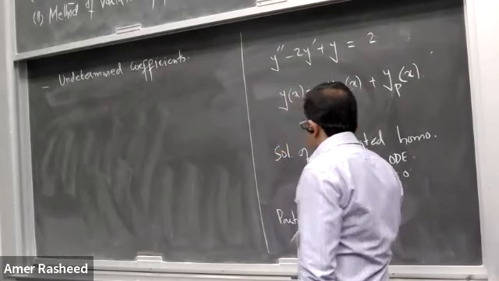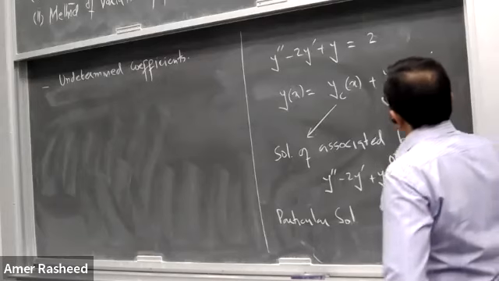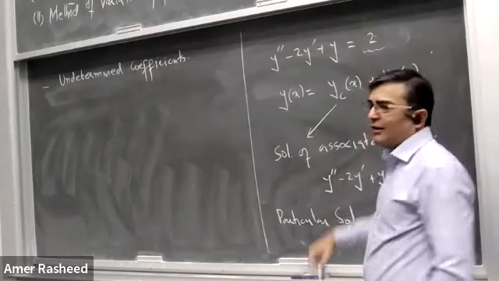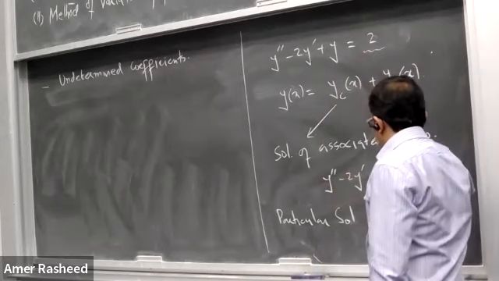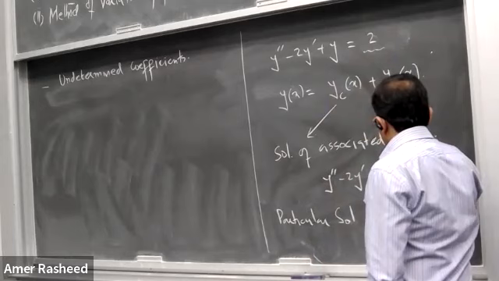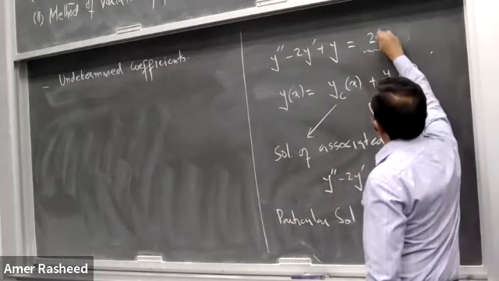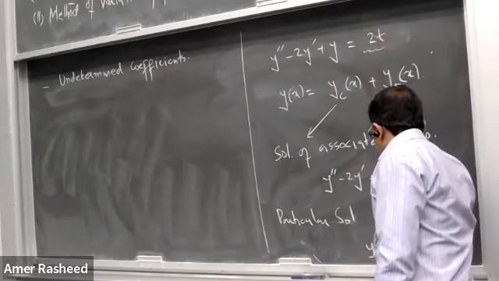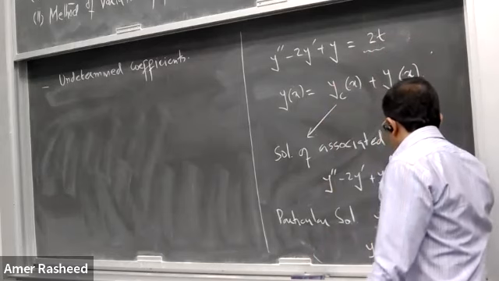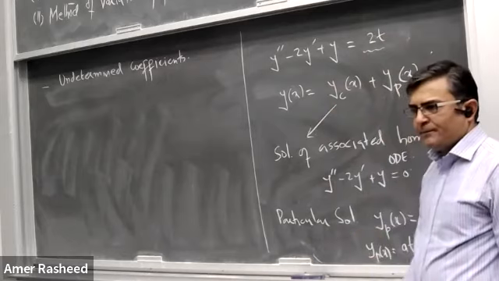Now, the particular solution. In order to find the particular solution, we used an educated guess, motivated by the form of the right-hand side function. If the right-hand side function was a constant, we assumed yp of x is some constant a. If the right-hand side is 2t, a polynomial of degree 1, then the particular solution is some polynomial of degree 1.